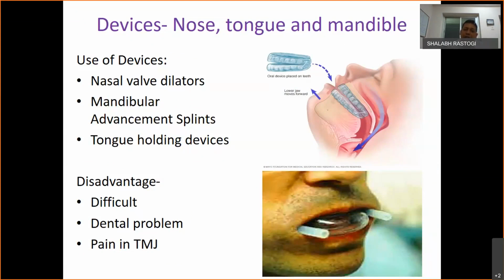There is a special niche for all these devices. In certain patients, if the tongue is protruded or the jaw is protruded and the patient gets relief from the symptoms, then we should definitely go for such devices. But these are difficult to use, and long-term use will result in dental problems and especially TMJ problems.